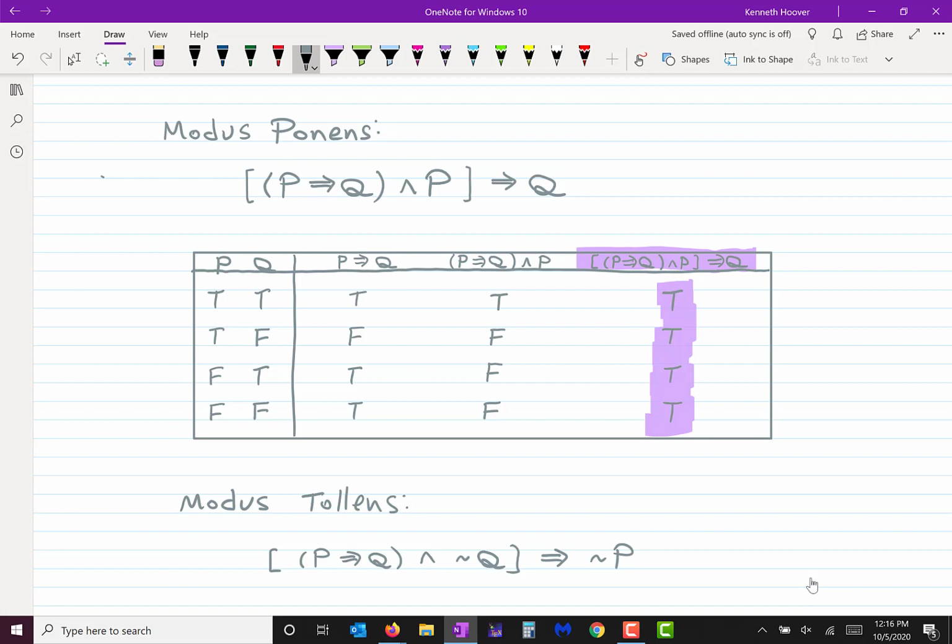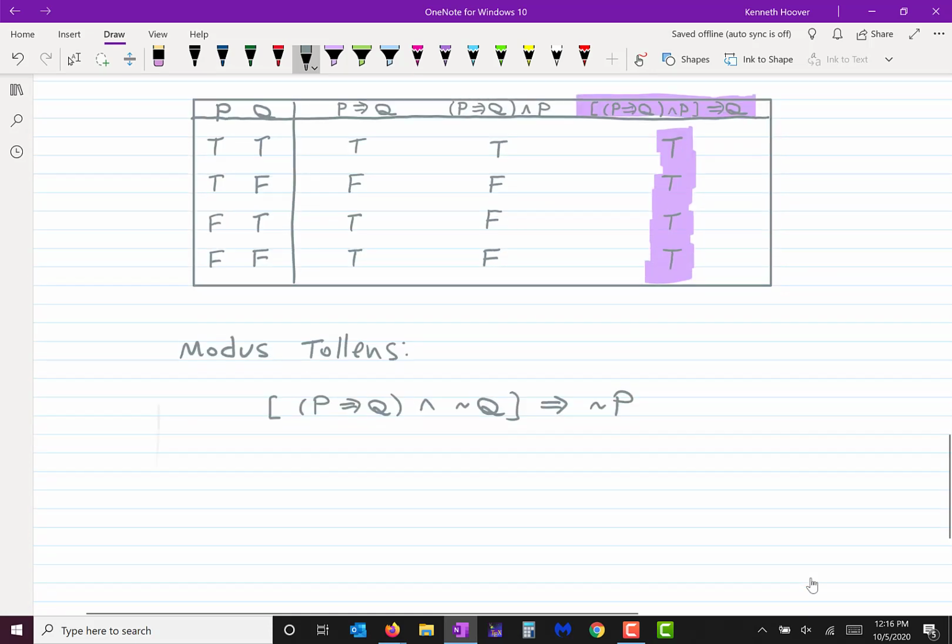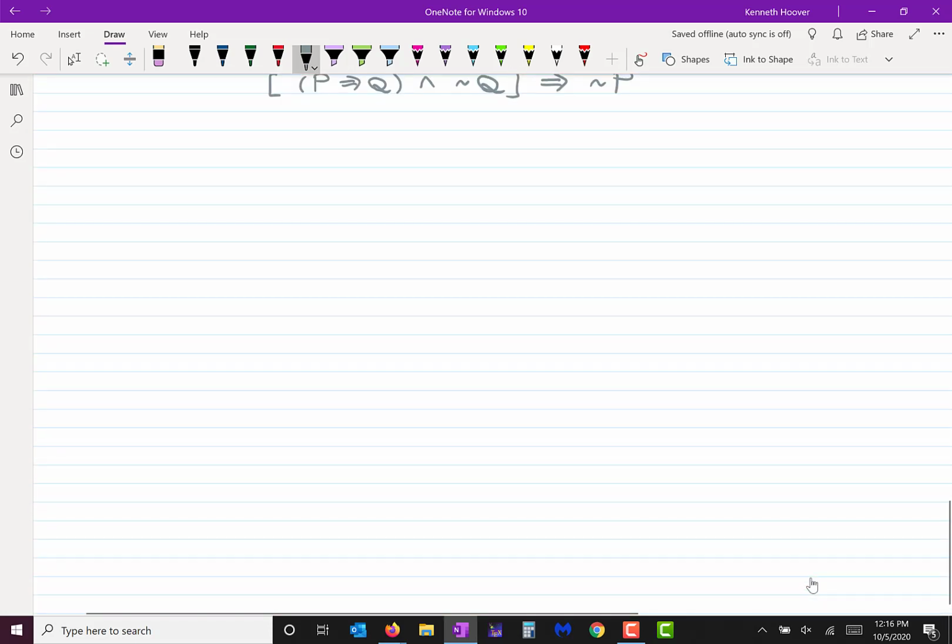It's almost identical to the proof of modus ponens. Very, very similar. Okay? So that's what a tautology is, a statement that's always true. And all you have to do is make the truth table for the statement and show that it's full of T's. Okay? The opposite, if you want to say opposite, of a tautology is a contradiction.